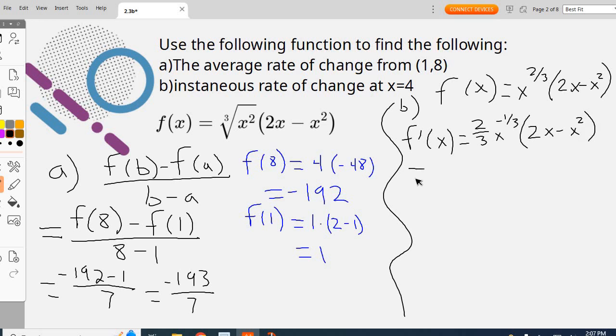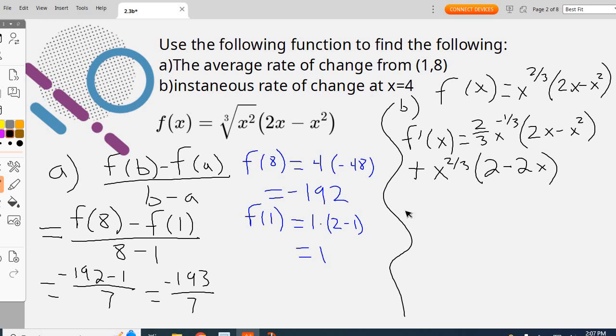And then remember that we add, and we're going to take the derivative this time of our second one. We'll leave our first one alone. So I get 2 minus 2x.